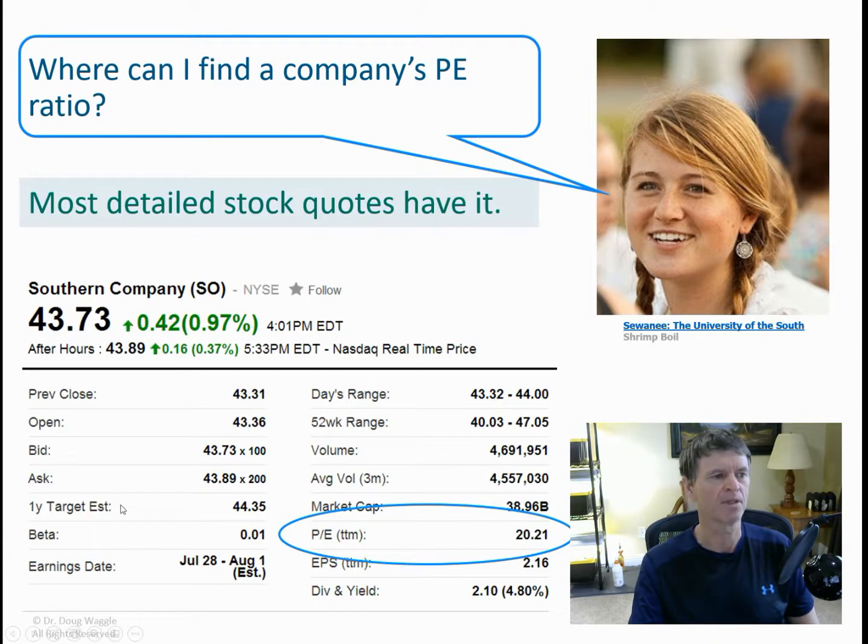And this, not all your quotes will have this, but this is analysts' 1-year target estimate. This is where analysts think the price will be in a year. Well, for Southern Company, they weren't expecting much of a change. Beta, we'll talk about that. And then there's when they think the next earnings announcement would be.